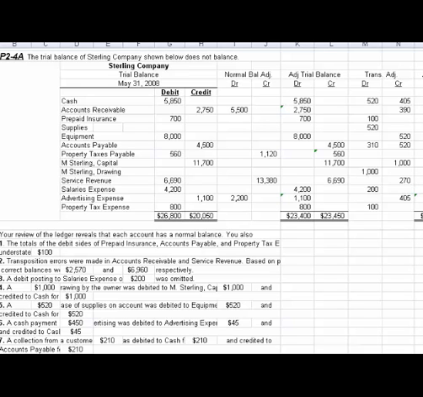Then on advertising expense, a cash payment of $450 for advertising was debited to advertising expense for $45 and credited to cash. So in this case, we misinterpreted that as well. The advertising expense was debited for $45, and it should have been for $450.